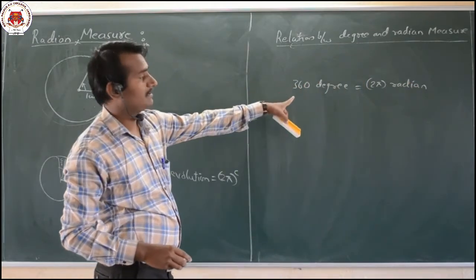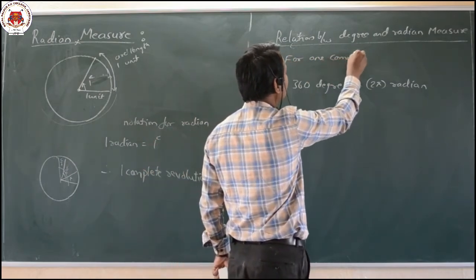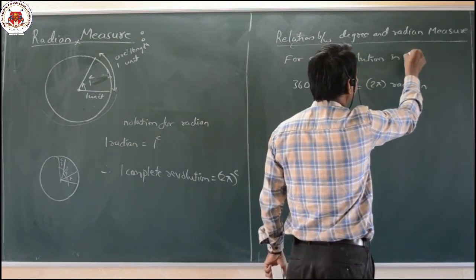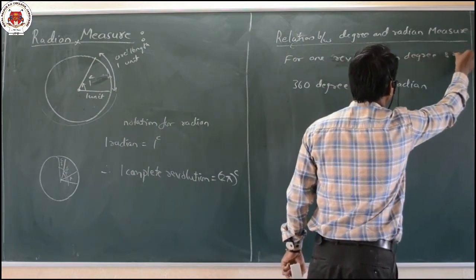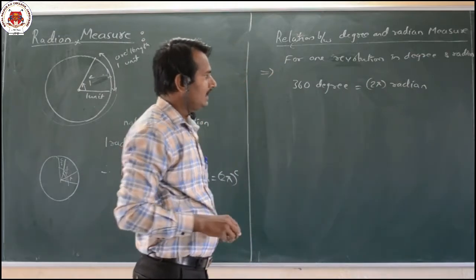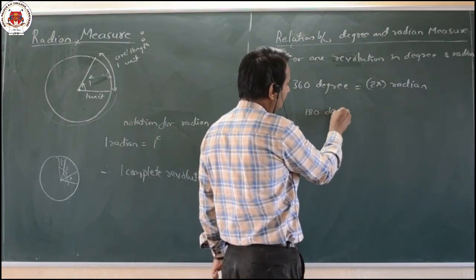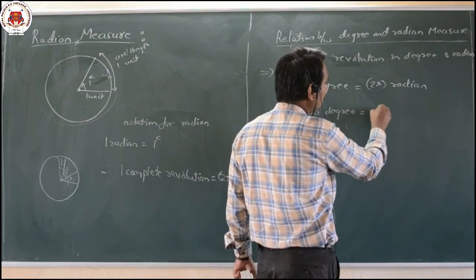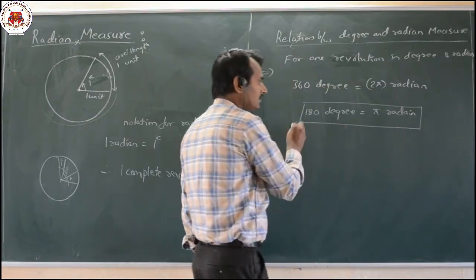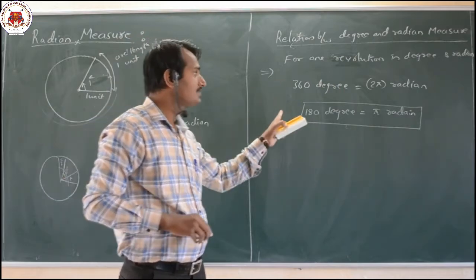By making use of this, for one complete revolution in degree and radian, if I divide by 2 on both sides, we get 180 degrees is equal to pi radians. From this formula we can find the relationship between degree and radian measure.